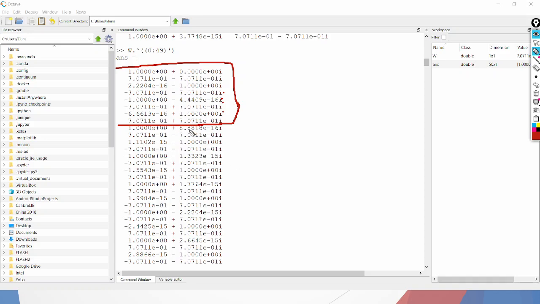What you will notice is that actually this coefficient here and this coefficient here are opposite. So this has plus sign, minus sign, and this has minus sign and plus sign.